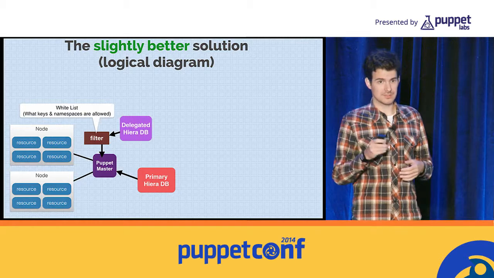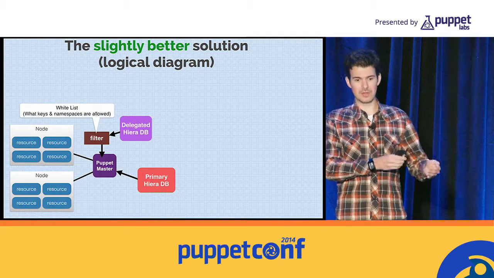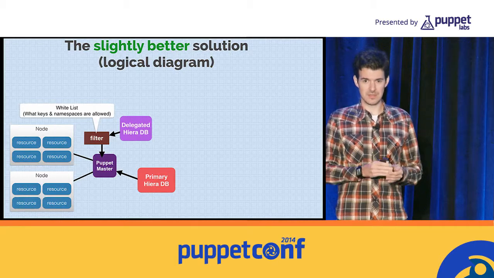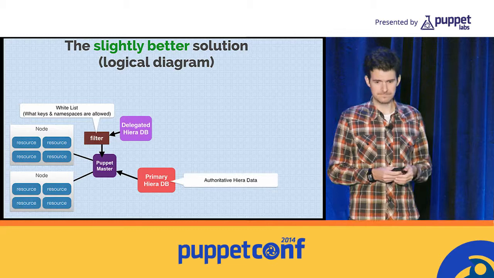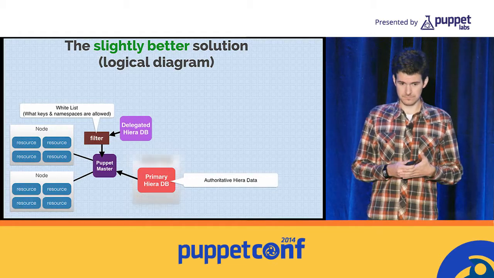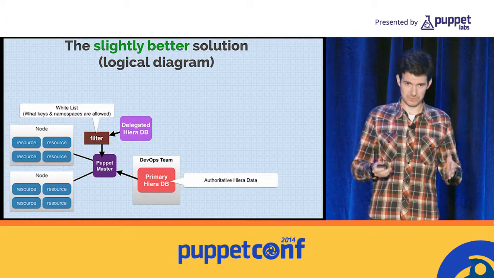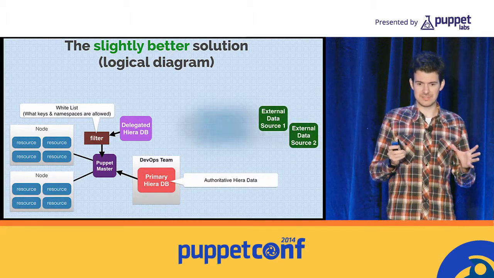The filter is designed with a whitelist specifying which keys or namespaces are allowed to be imported from the delegated Hiera database. Our primary Hiera database is still the authoritative one. The DevOps team controls that.